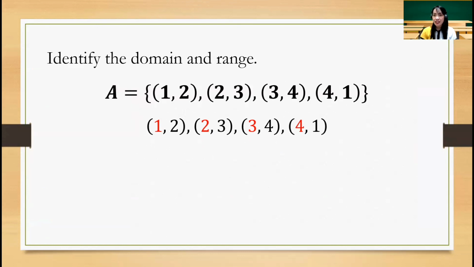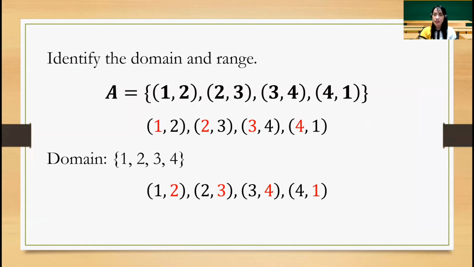Ang tawag sa kanila ay domain. We have 1, 2, 3, 4. What about the numbers 2, 3, 4, 1? Those are range. As you can see, sa pagsulat ng set, dapat mauuna yung pinakamababang numero hanggang sa pinakamataas. So here, we have 1, 2, 3, 4. Ang domain mo, 1, 2, 3, 4. At ang range naman ay 1, 2, 3, 4.